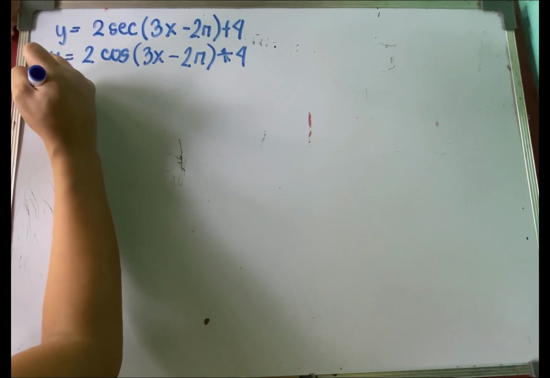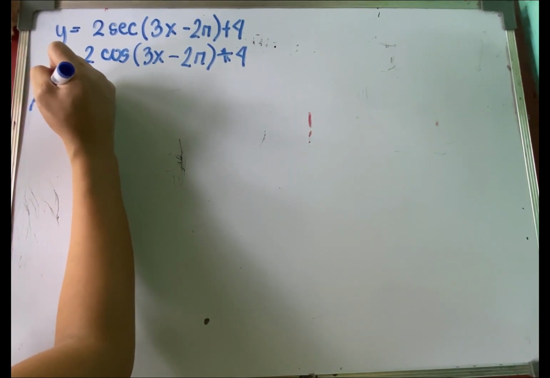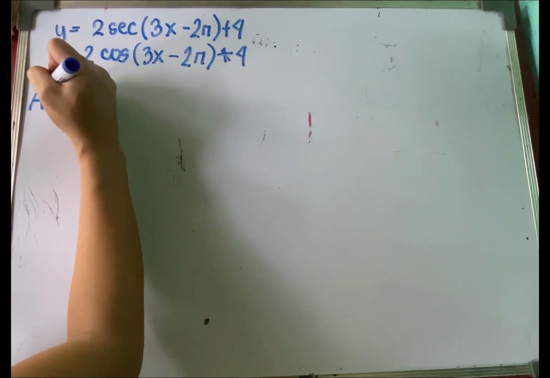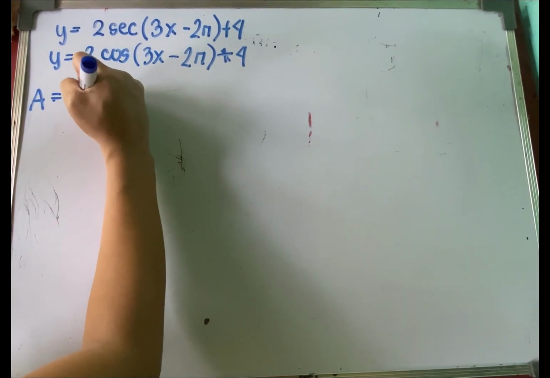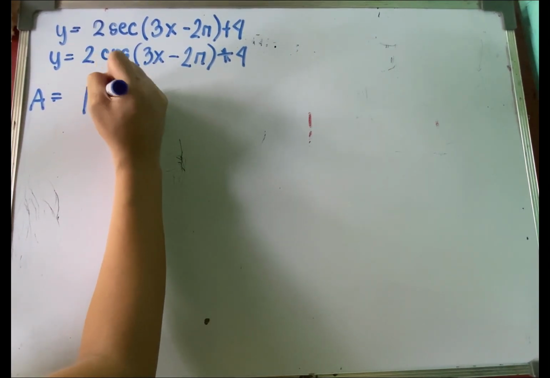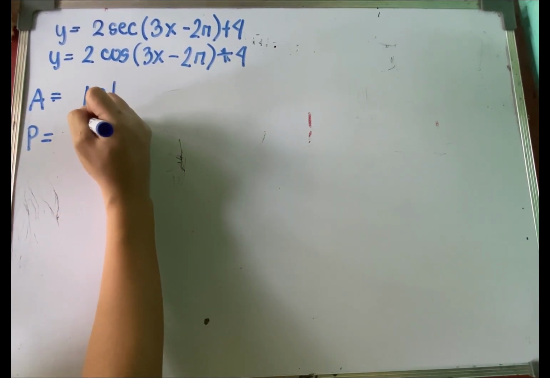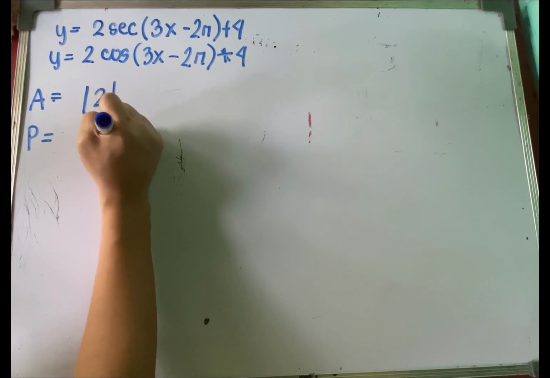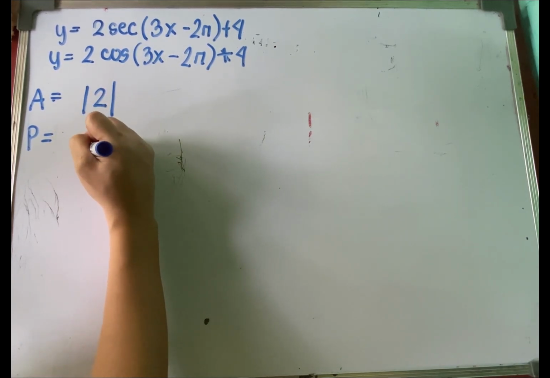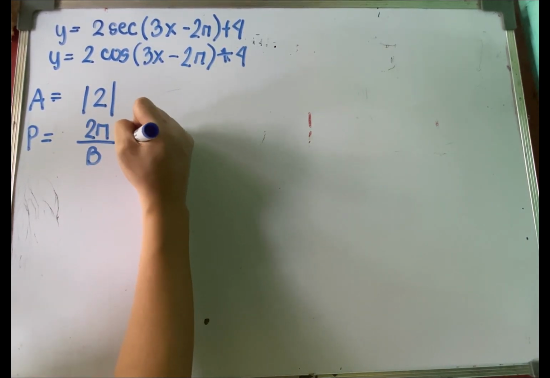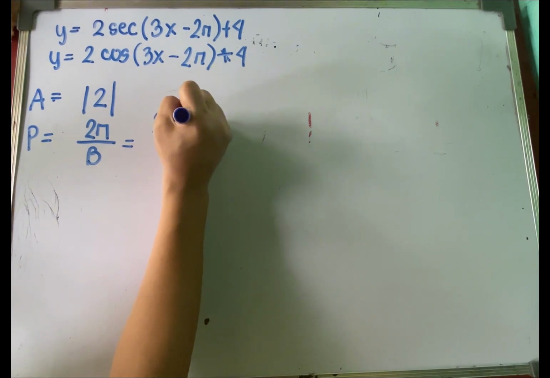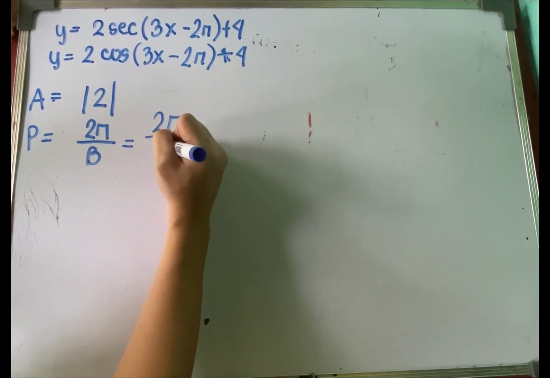You can feel free to pause the video if you want to solve on your own. So A is equal to 2, so our amplitude is 2. For our period, we have 2 pi over B, and B is 3.